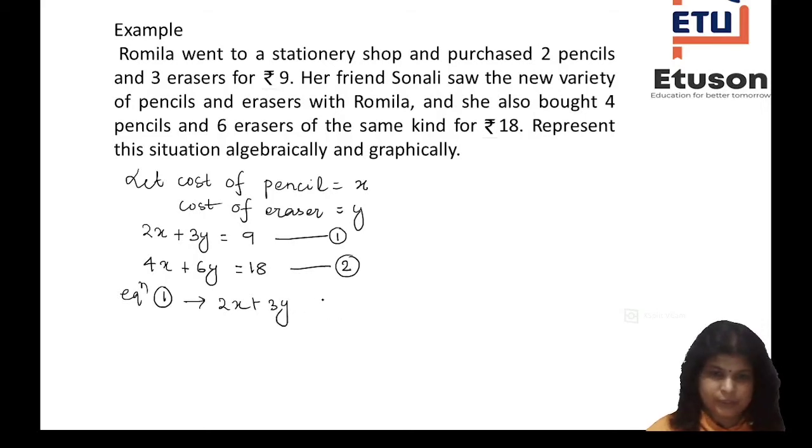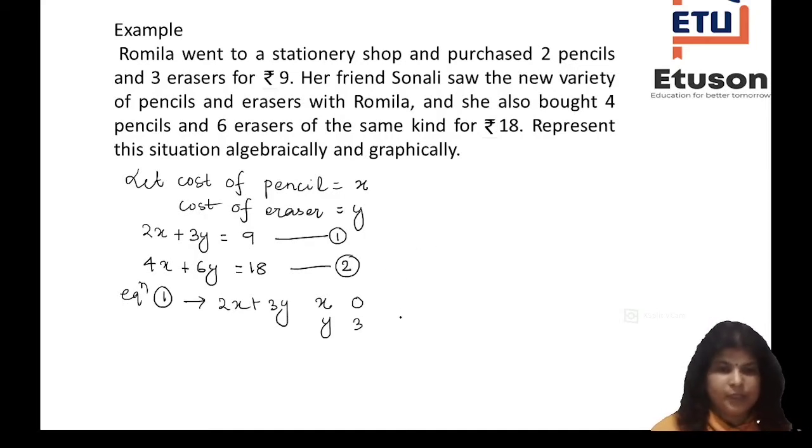So let us take a few values of x. If x is equal to 0, then your y is equal to how much? Your y is equal to 3. Correct or not? If x is equal to 0, your y is equal to 3.